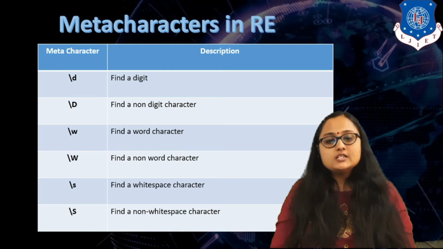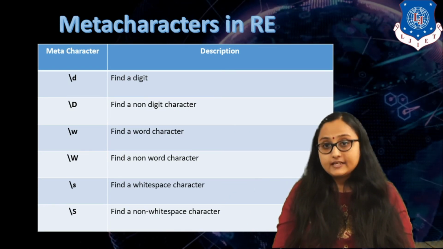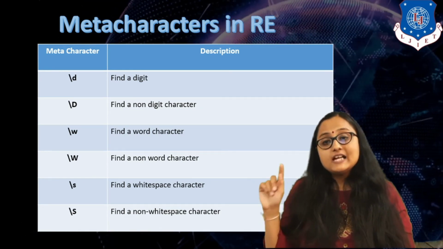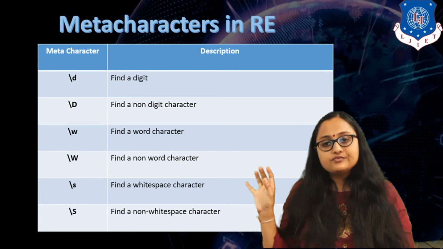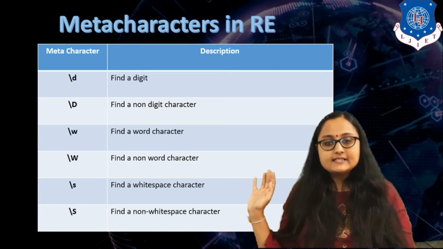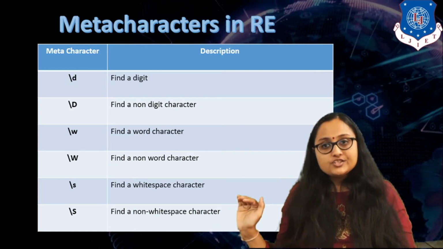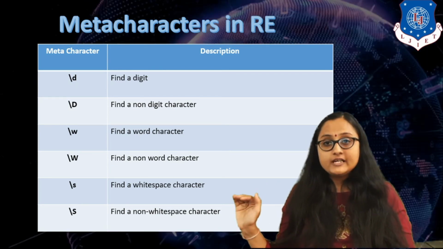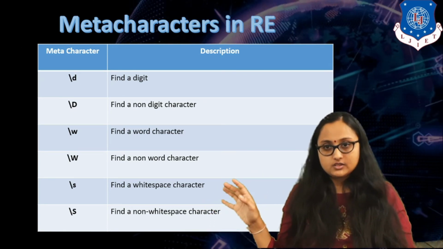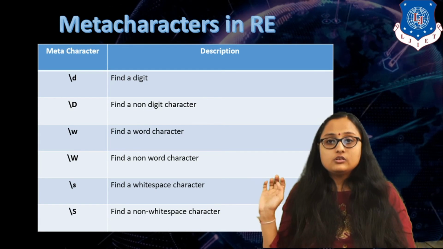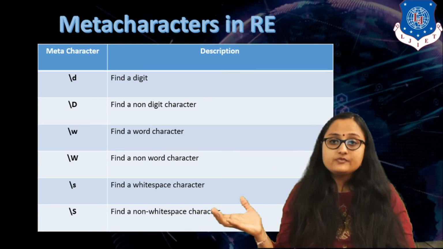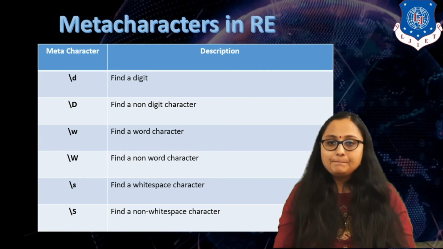The next is, if you want to find any word character, that is backslash w, it will find all the alphabets, right, small case as well as uppercase. The next is if you want to find any non-word character, this includes your special characters, right? So if you want to find any special characters, you can use capital W.